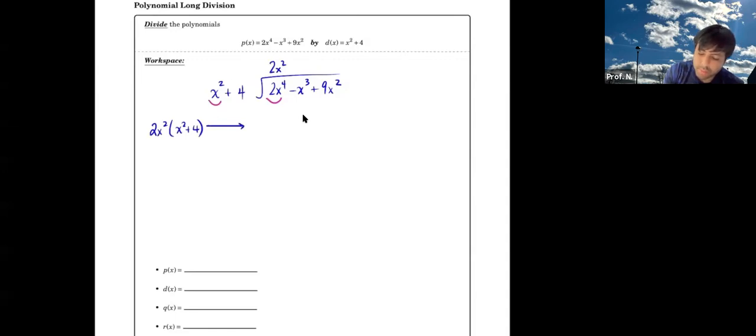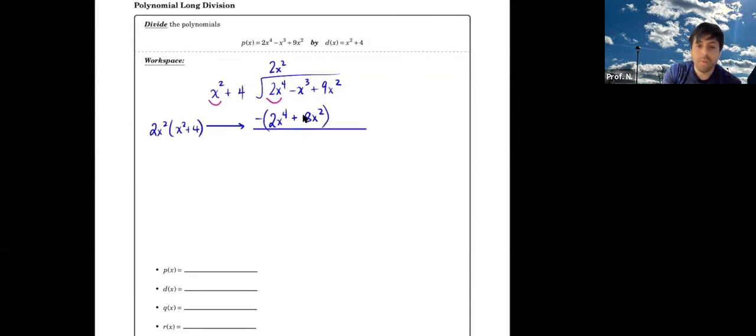And what does this become? This becomes 2x to the fourth plus, pardon me, 8x squared. And of course, what we're doing here is we're subtracting.